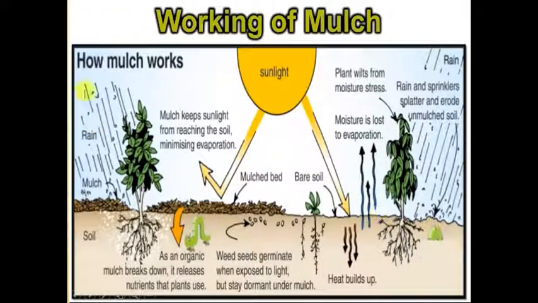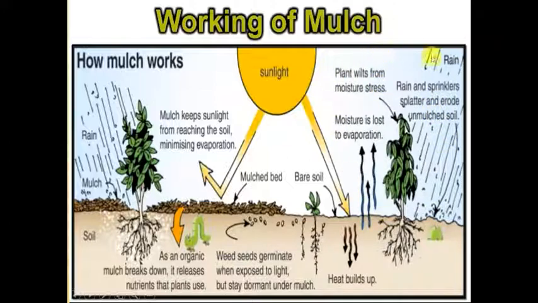This figure shows you how mulch is beneficial for a cultivation system. Look at the left side of this figure. You can clearly observe a mulch is on the soil surface of this agricultural field.